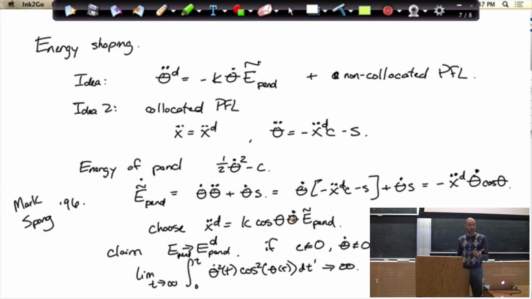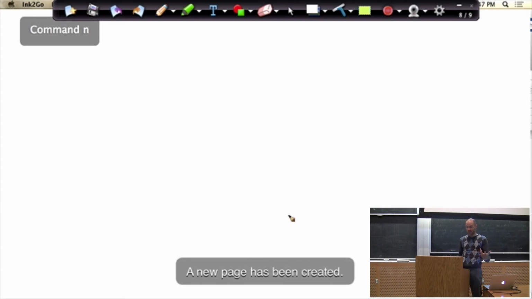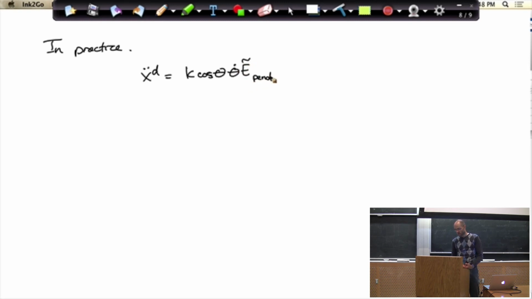So in practice, you might do a little bit more. One of the other advantages of using that partial feedback linearization on x double dot, in practice, is that we can just say x double dot desired is now k cosine theta, theta dot, the term that you tell the pendulum. That's what we had on the last slide.